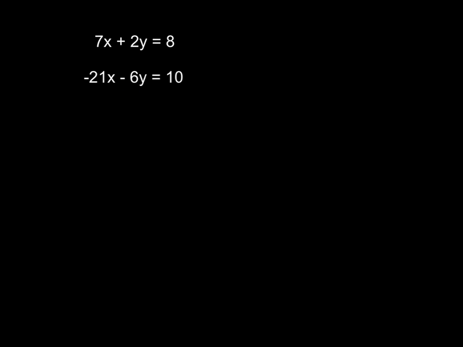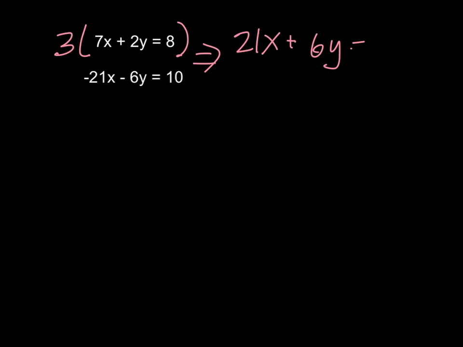So I'm going to take this whole top equation and multiply by positive 3. And that'll give positive 6 on top. So remember, you have to multiply every single term. So you'll get 21x plus 6y equals 24. The other equation we didn't have to do anything to, so I'm just going to recopy it right underneath.